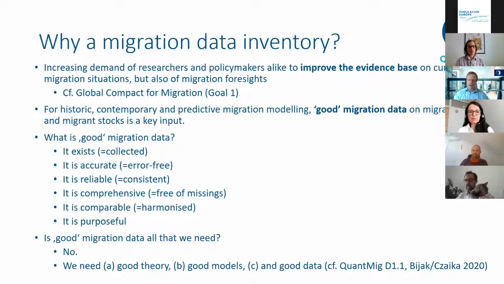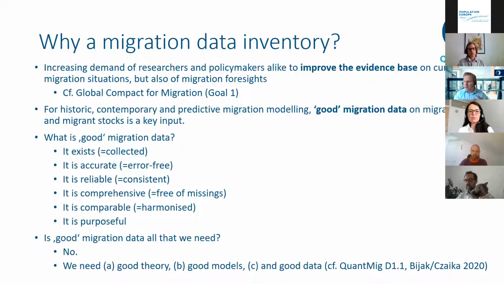Obviously, I think we all perceive an increasing demand for more data, for better data, in order to improve the evidence base, in particular when it comes to policy making, but also when it comes to understanding the knowledge base of historic and contemporary migration situations.